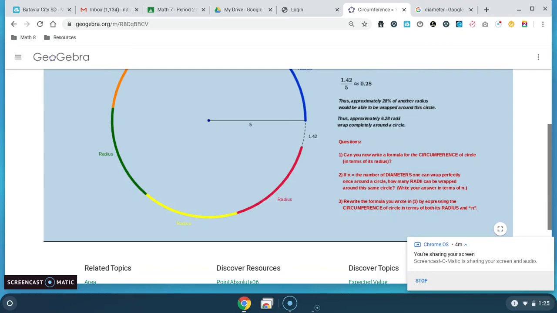Do you think you could write another formula for circumference as it relates to the radius, right? I know Mrs. Franks and Mrs. Kinney have talked about this, but this is just another cool video to show you what circumference looks like visually, what radius looks like visually, and what diameter looks like visually.